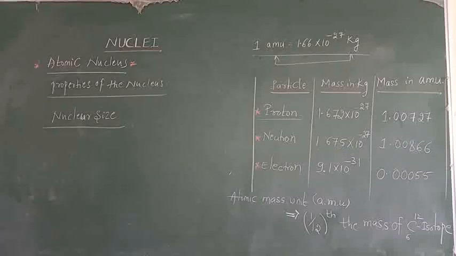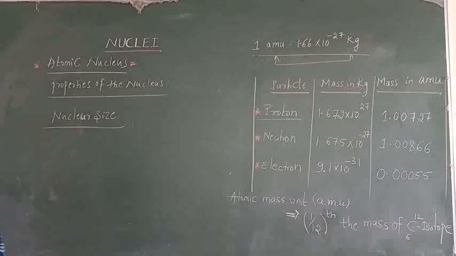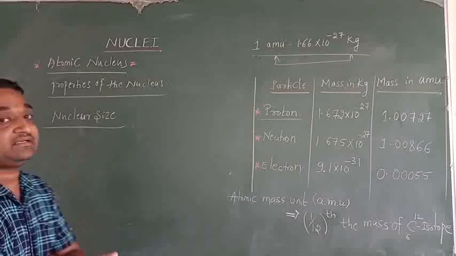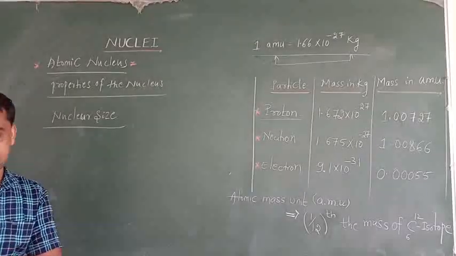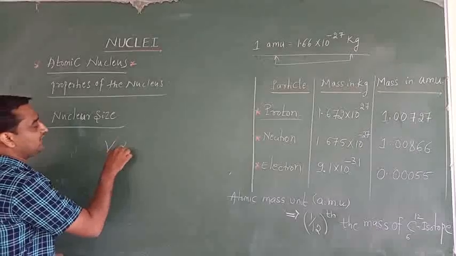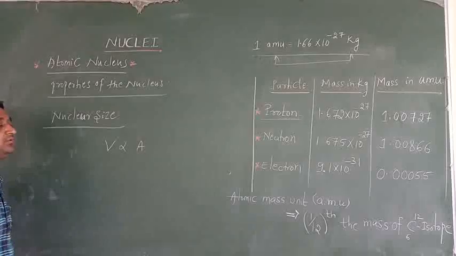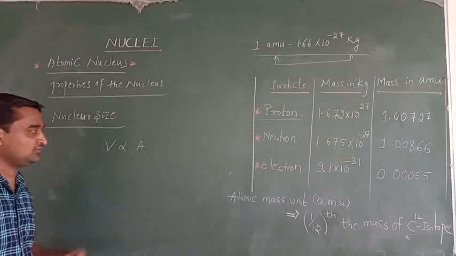From the Rutherford alpha particle scattering experiment, or from experimental studies, the size of the nucleus is finite and the volume of the nucleus is directly proportional to its atomic mass number. V is directly proportional to A. So as the atomic mass number increases, its volume also increases.